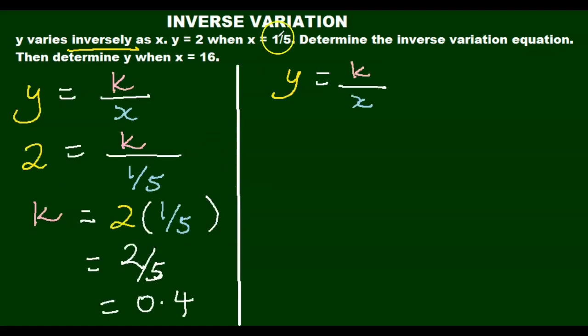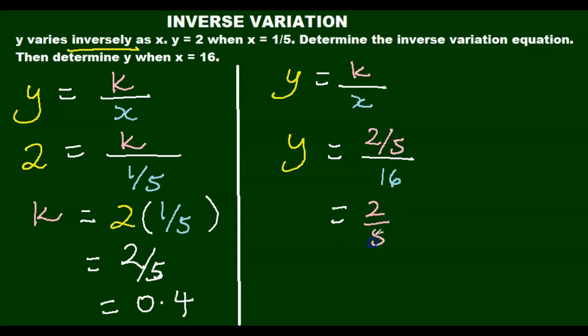We know what our k is. Let's plug it back into our y equals k over x. We want to find y when x equals 16. We can say that y equals k, which is 2 over 5, over 16, which is our new x. So that's the same as y equals 2 over 5 divided by 16. With fractions and dividing, we can write it as 2 over 5 times 16.